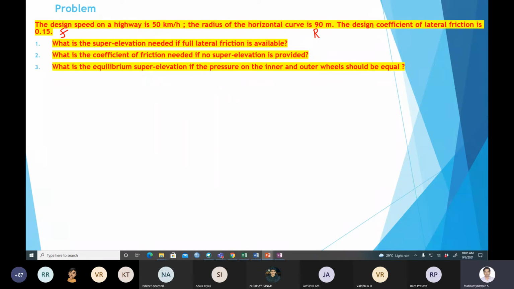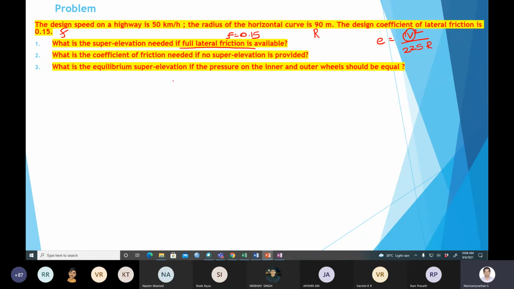Basically, our super elevation equation means E equals V squared divided by 225 into R, right? Here we are assuming that only 75% we achieve with respect to the coefficient of friction. But here they have given that full lateral friction is available, which means F is directly given as 0.15.